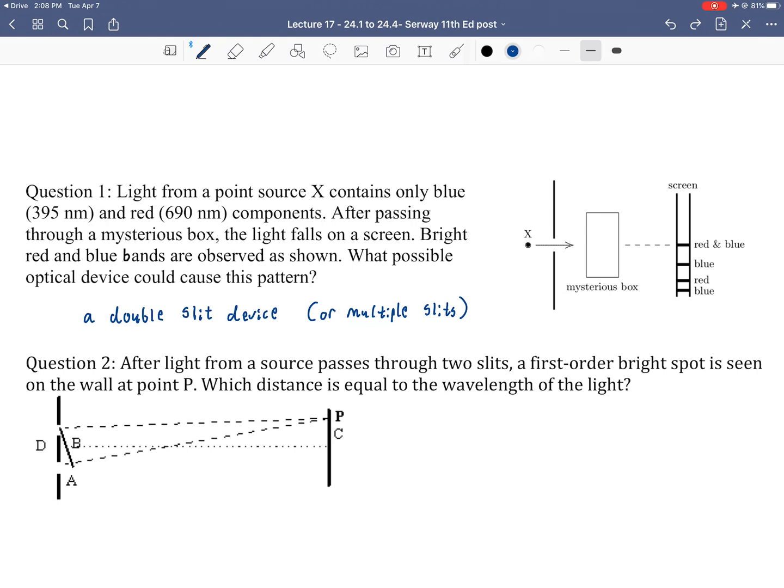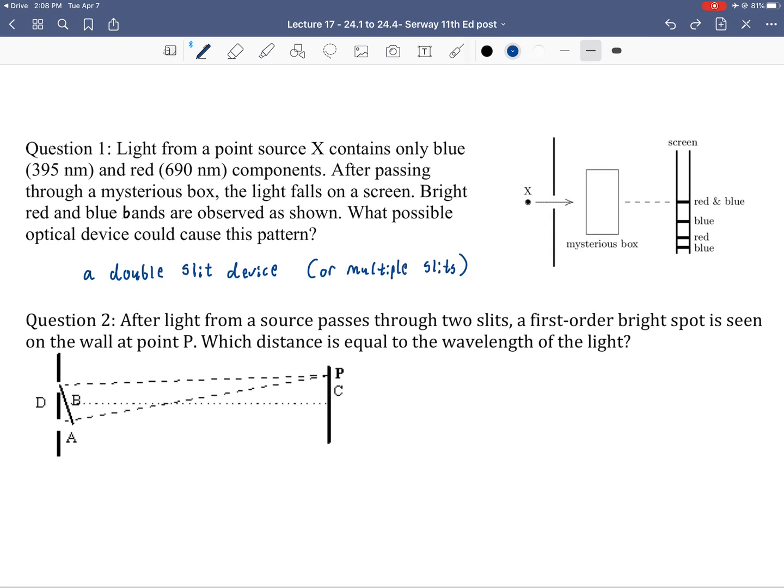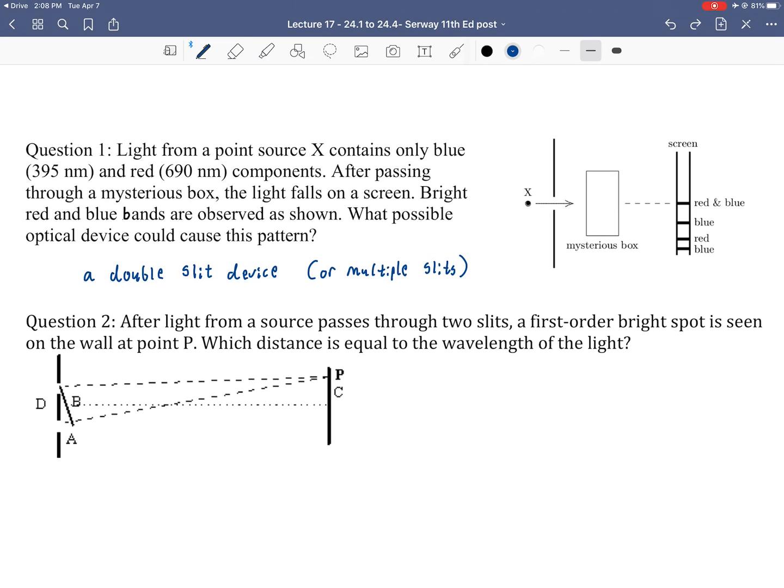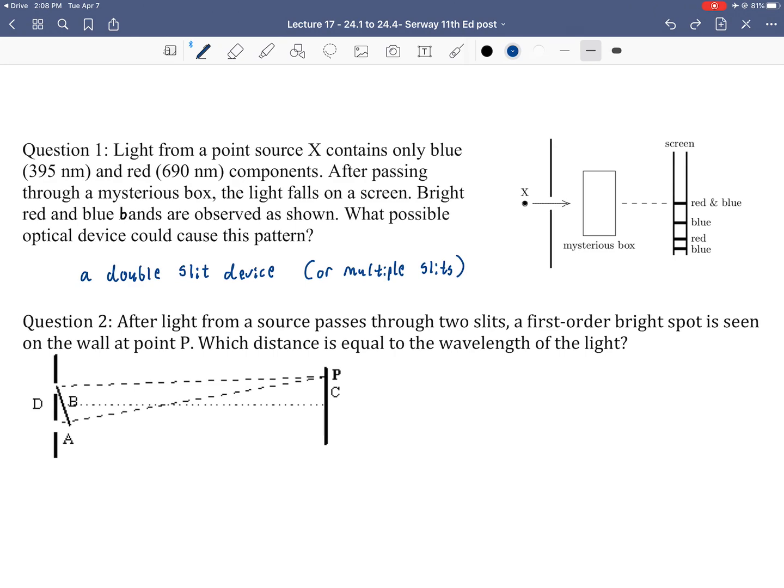So red light and blue light, which are on either ends of the rainbow, the longest and shortest wavelengths respectively, would have fringes that definitely wouldn't overlap with each other other than the central one. And so they get separated. We'd have two distinct patterns overlaid on top of each other or side by side. Okay, kind of neat.